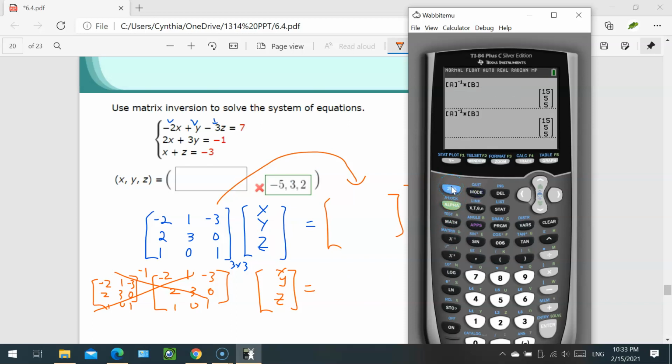Do the same procedure: second matrix, move to edit, go down to the matrix B, hit the enter key. The matrix B, I have 3 by 1, right? And then we need to change the numbers. So I have 7, -1, -3.